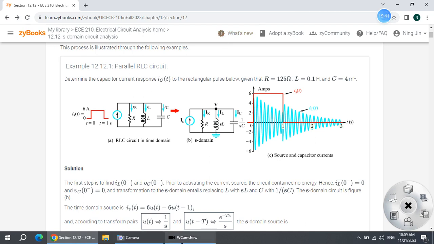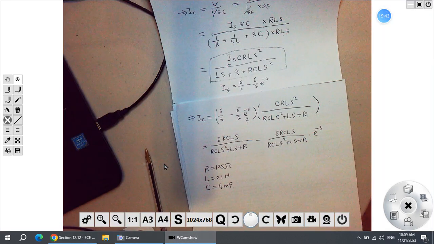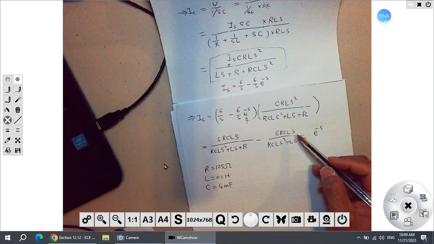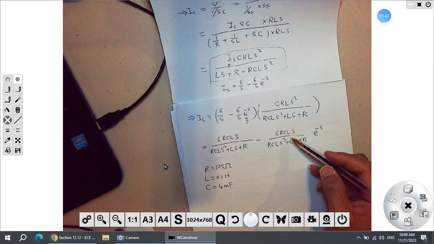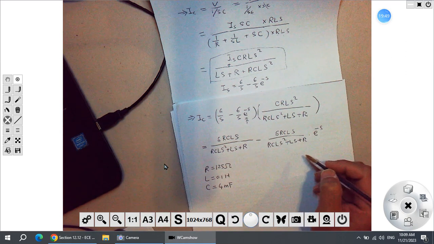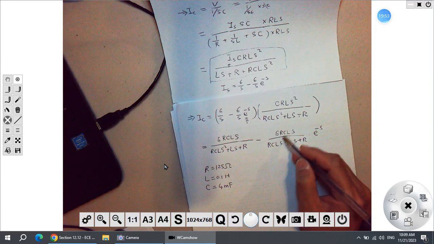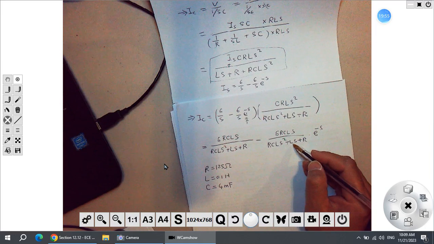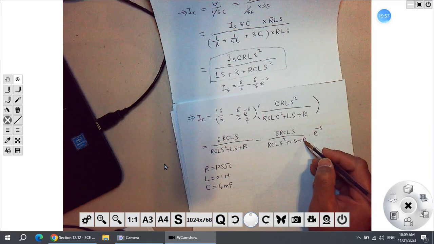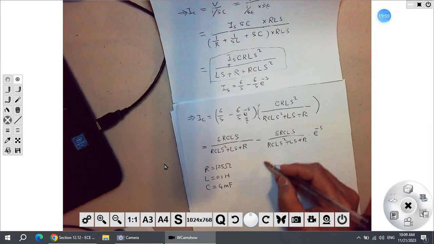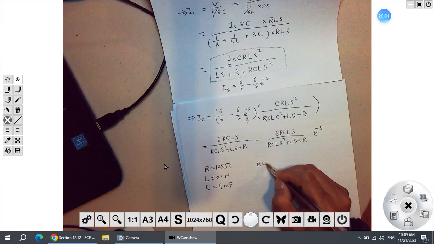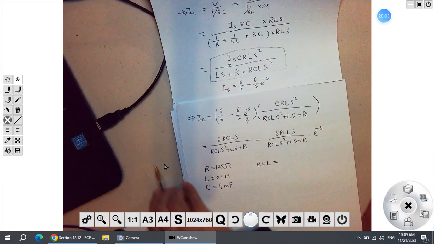Now go back. Now we have several parameters. If I cancel these, this will be s squared, but this one will be some dividing. Okay, just put in numbers. Then RCL equal to, I need a calculator.